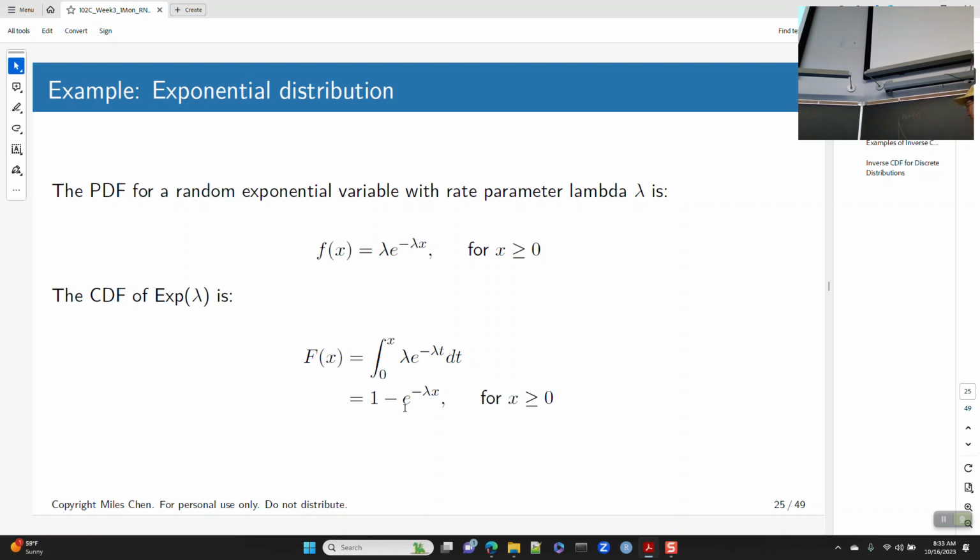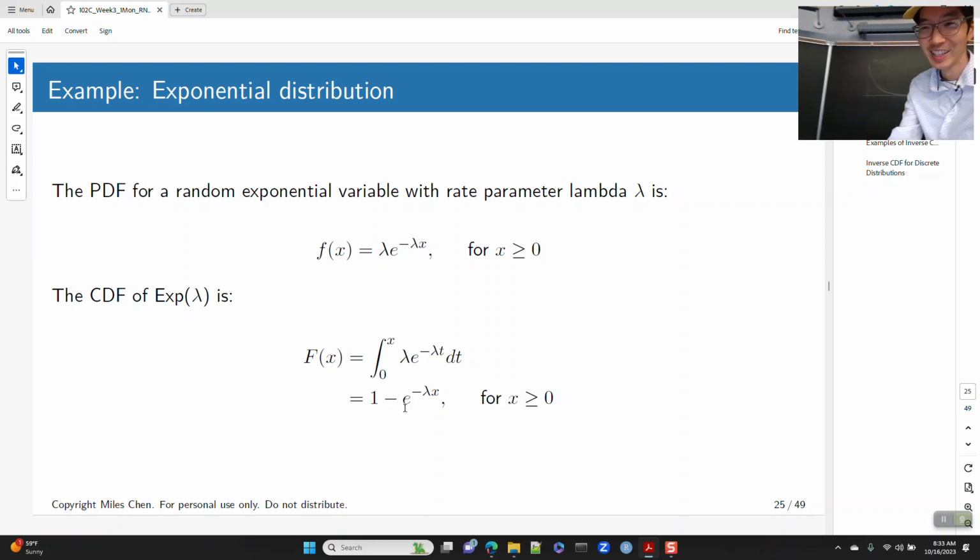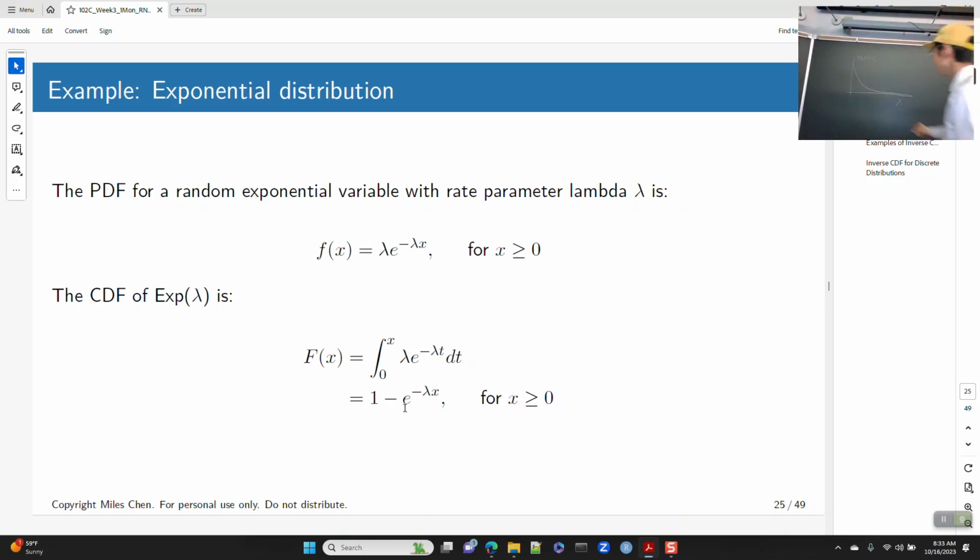As x goes on, our PDF decays. And then what is the CDF? It looks like that, okay? This starts off at 0 and asymptotically approaches 1.